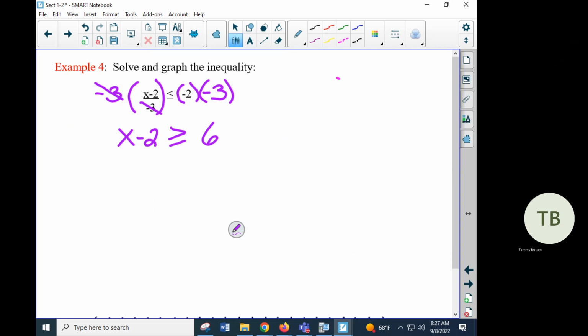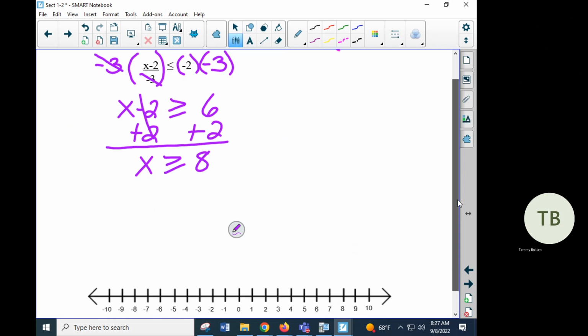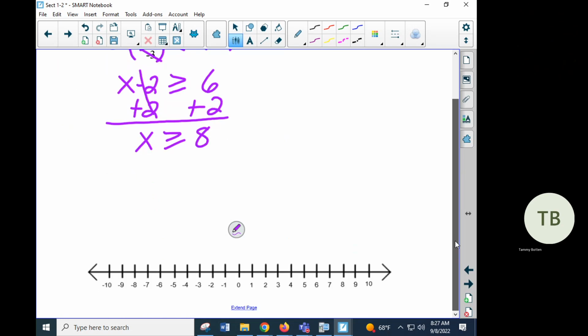Now it's so much easier to do. Now I just have to add 2. And x would be greater than or equal to 8. So if I go to 8, it would be closed because it's equal to, and it's greater than, and you just shade it between.